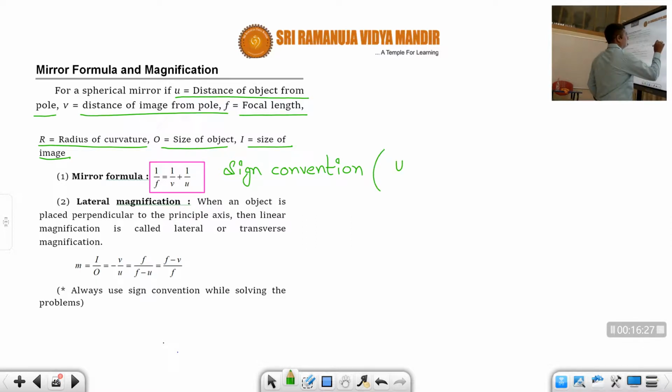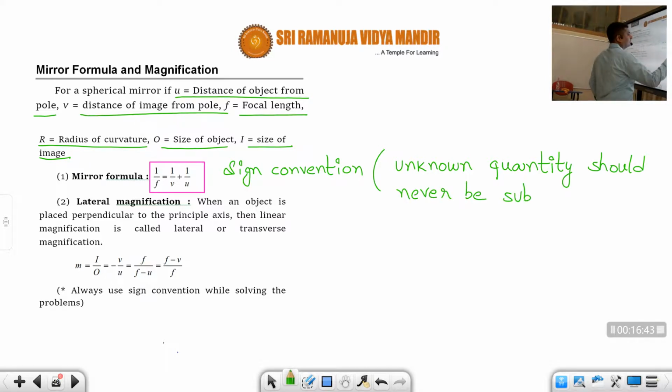Please note down, students, that unknown quantity should never be substituted with sign convention.